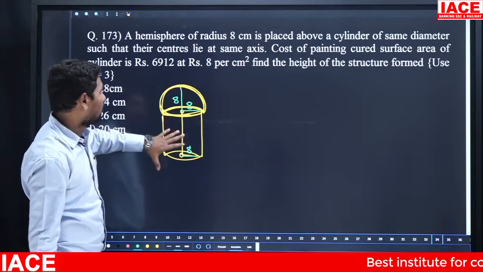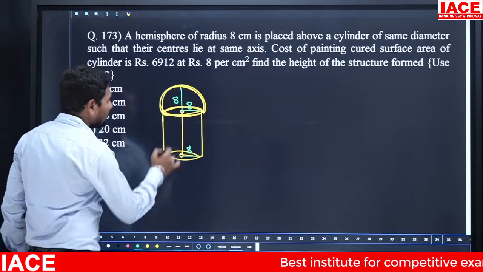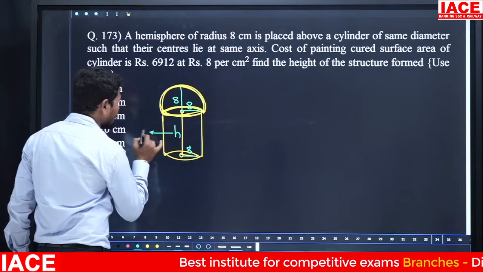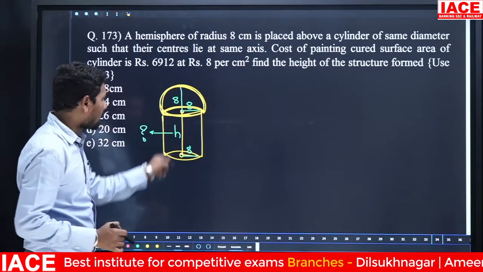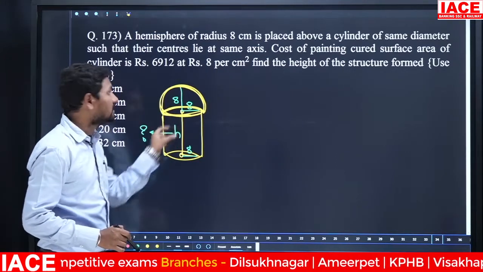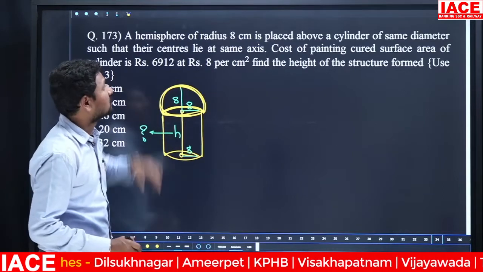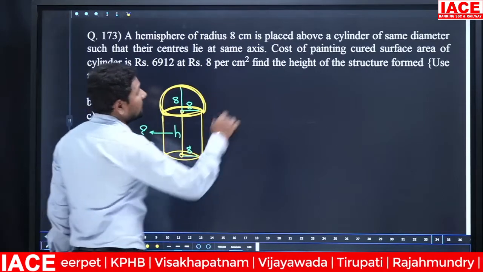What was the formation we created? The height is required. Once you know the height of the cylinder, this height plus 8 is equal to the total height. The question is the cost of painting the curved surface area.